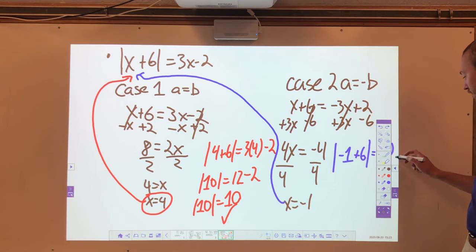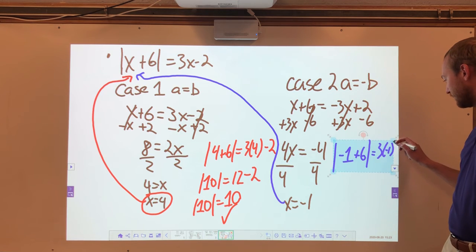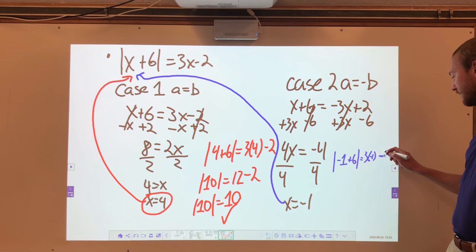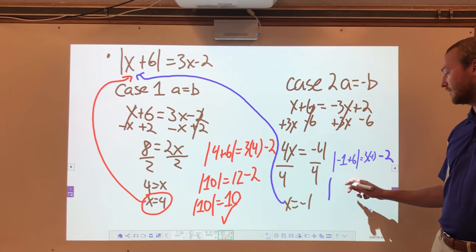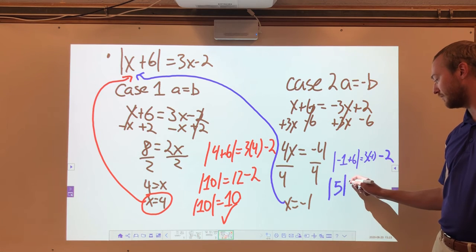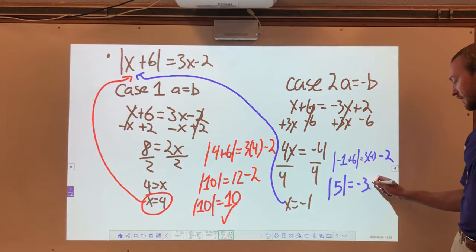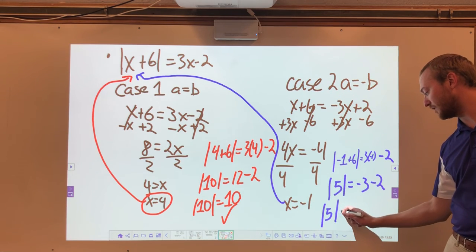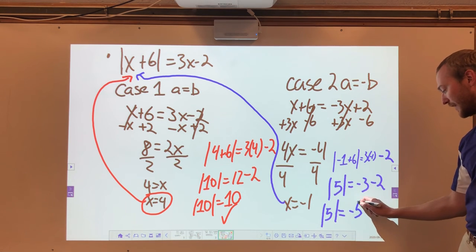I made this too big, I didn't have space. So the absolute value of negative 1 plus 6 is 5 equals 3 times negative 1 is negative 3, and my minus 2. Absolute value of 5 equals negative 3 minus 2 is negative 5.